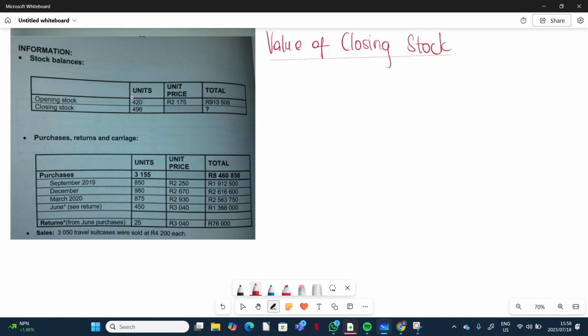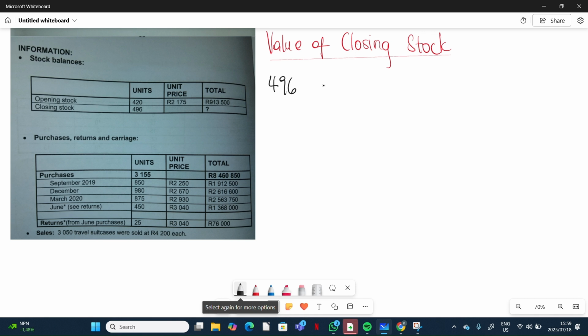We know that the closing stock is 496 units. With FIFO, we do a bottom-up calculation. So we're going to have 496 units. Remember, when they closed the business, they had 496 units.